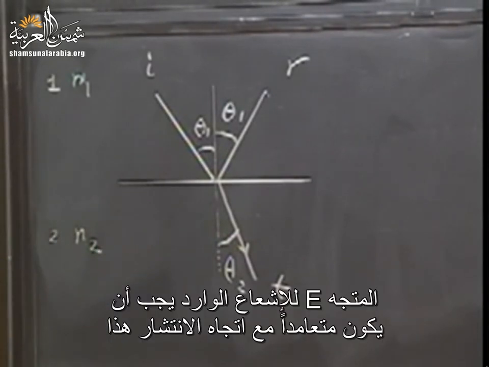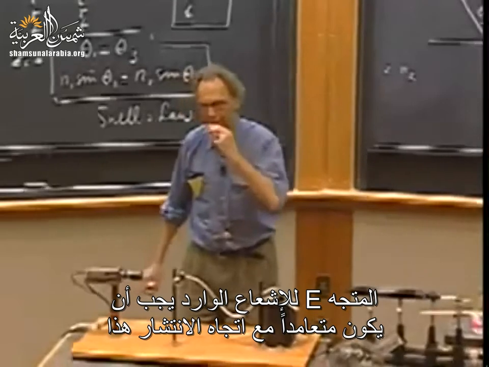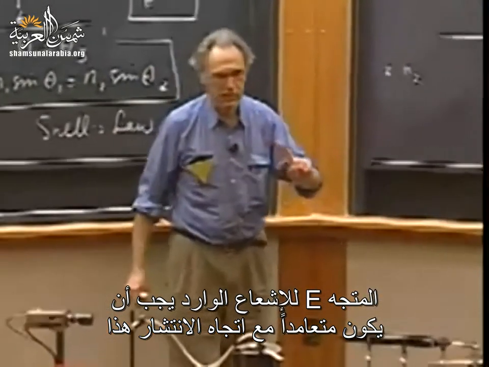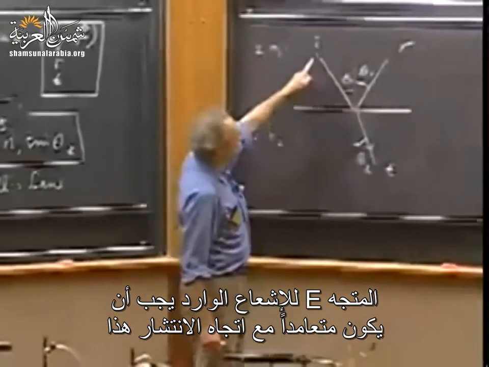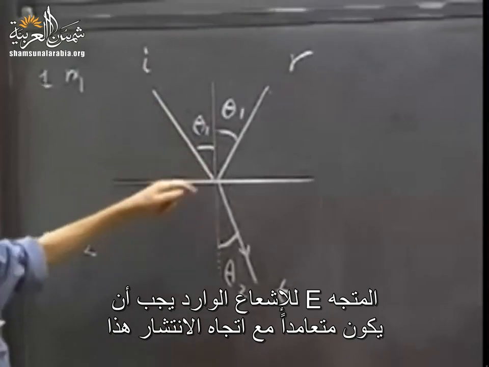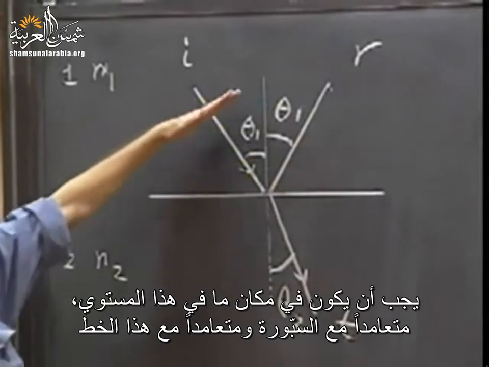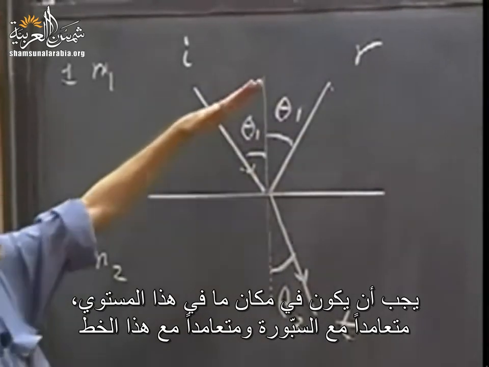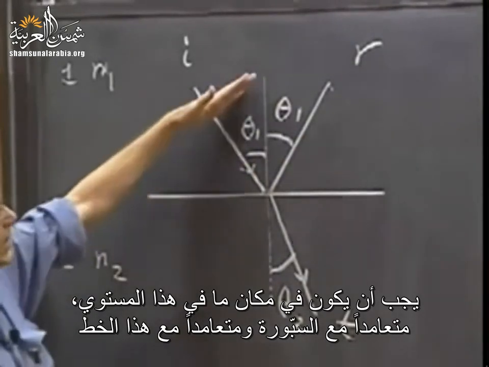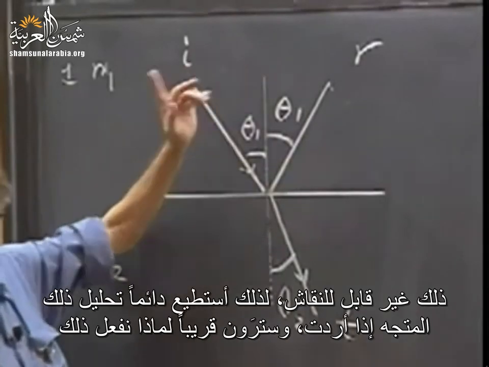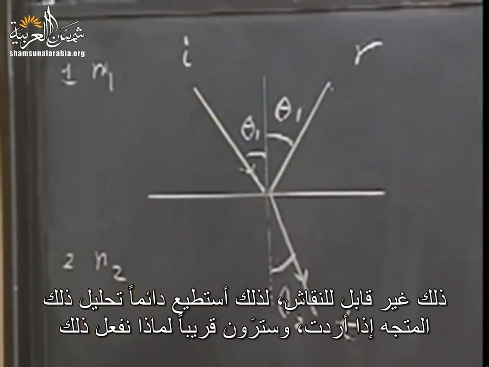The radiation that comes in, the E vector must be perpendicular to the direction of propagation, which is this. So it must be somewhere in this plane, perpendicular to the blackboard and perpendicular to this line. That's non-negotiable. Therefore, I can always decompose that if I want to, and you will see shortly why we do that.